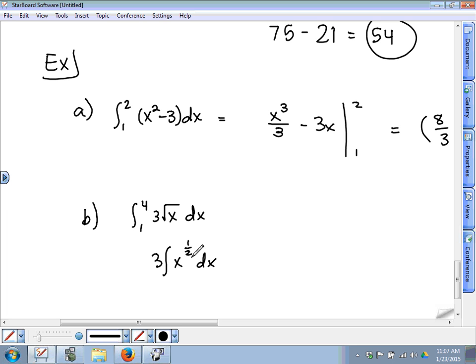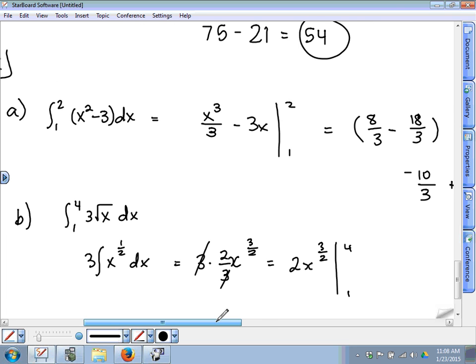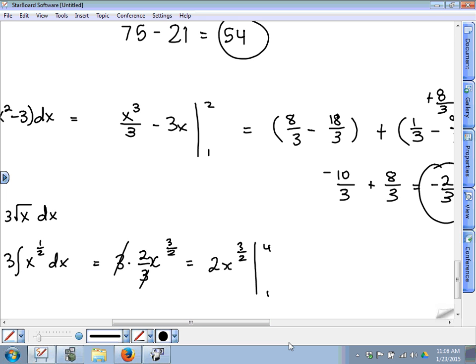What's the antiderivative here? X to the 1/2 becomes x to the 3/2 over 3/2, which is multiplied by 2/3. So the 3's are gone, and it's just 2x to the 3/2. Then we evaluate that from 1 to 4.